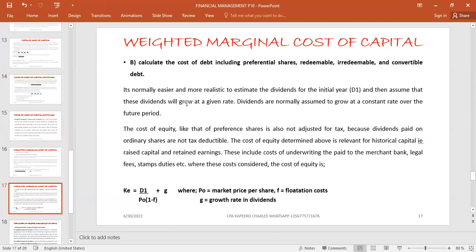How they determine these rates, the growth rate, depends on the analysis they have made of the money they are going to borrow and how they are going to be getting the returns in terms of employing the money they have borrowed. Here, what we are only interested in is getting the cost, what will be the minimum that we expect to get from the investment of the money we are borrowing.